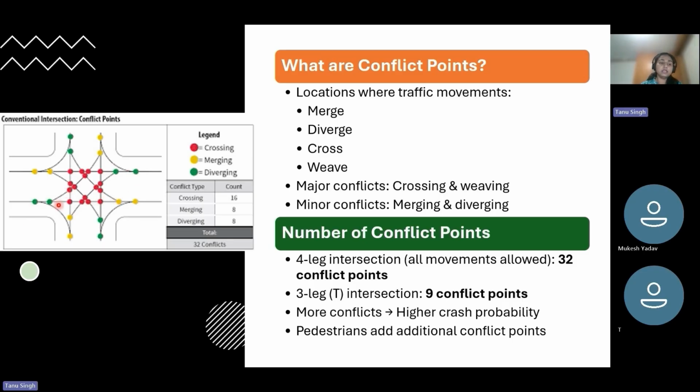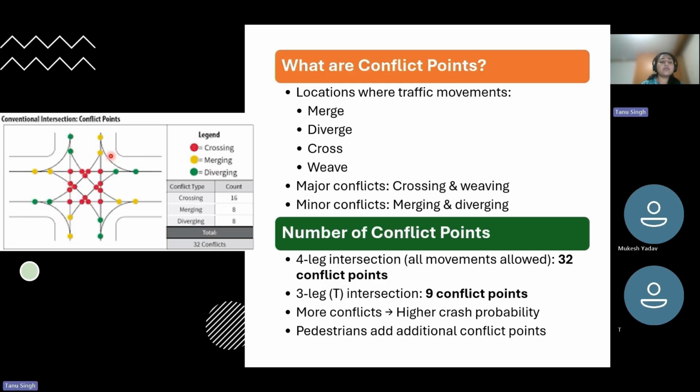Similarly, these three movements apply for all the legs. These green dots represent diverging, when the straight moving vehicle diverges from the left or right moving vehicle.